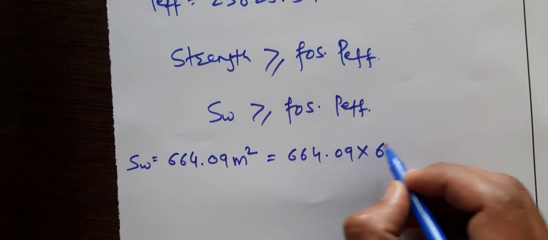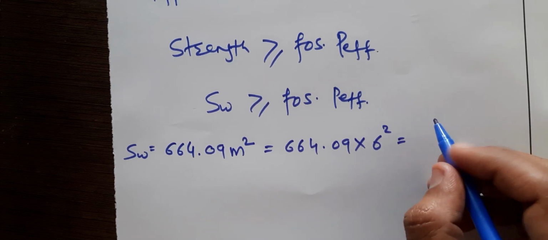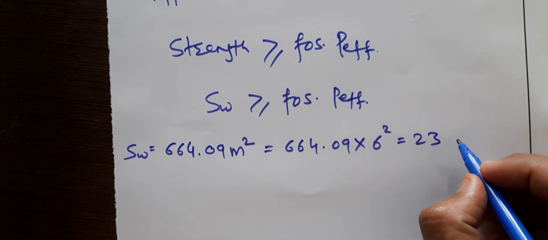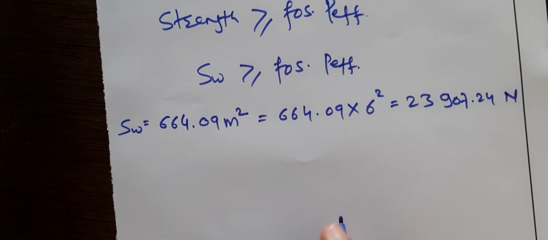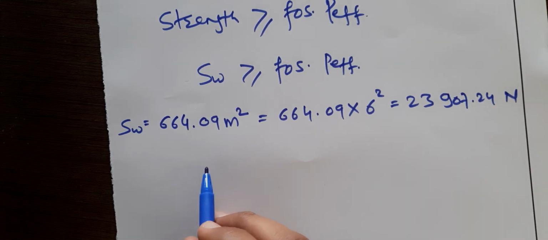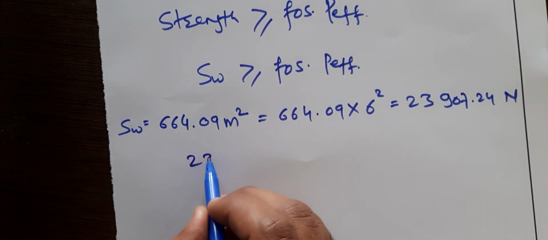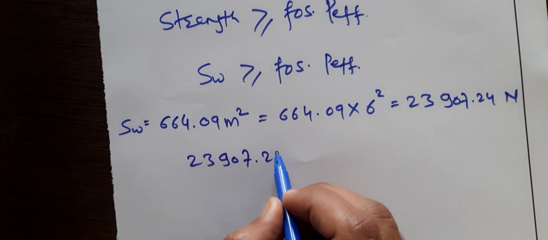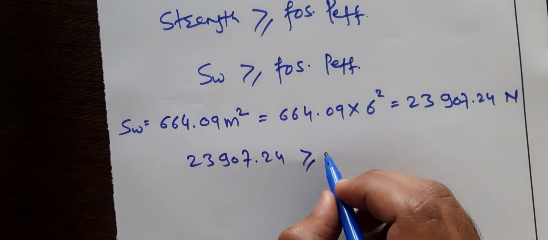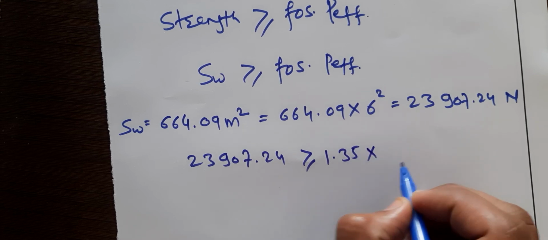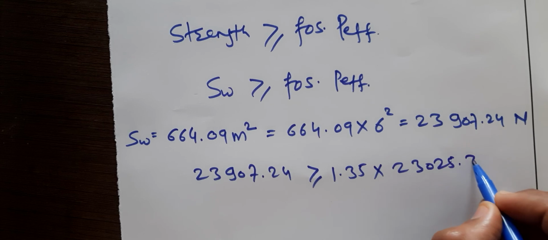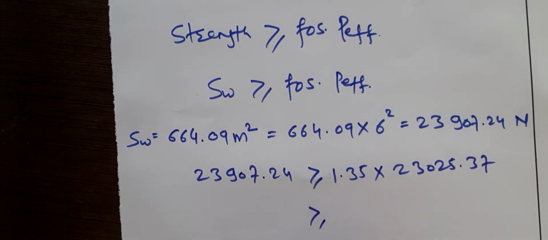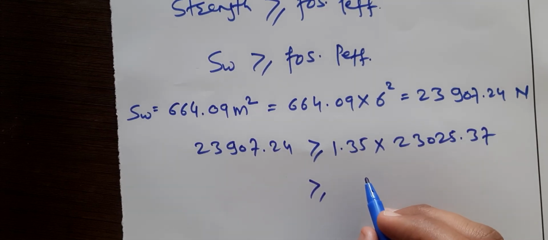If you put the value of module, 664.09 into module square, meaning 6 square, you will get SW as 23907.24 Newton. Then you have to check whether this condition is satisfied or not. Substituting, 23907.24 should be greater than or equal to 1.35 into P effective, 23025.37.